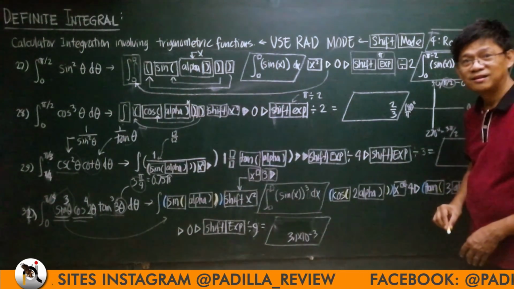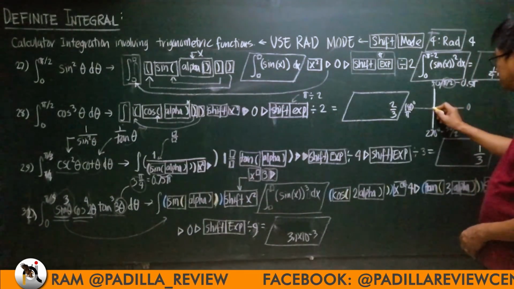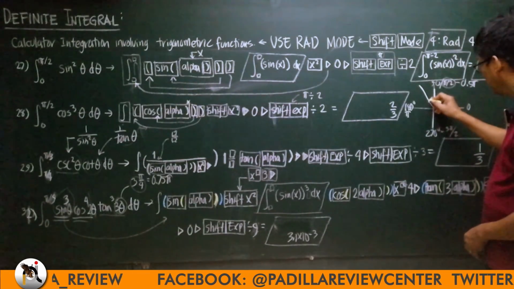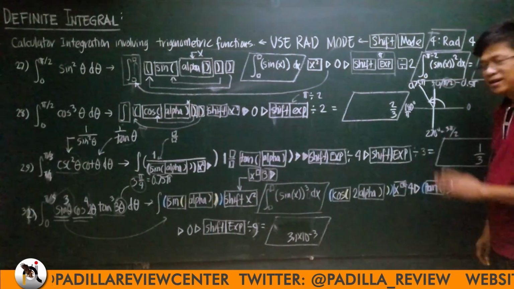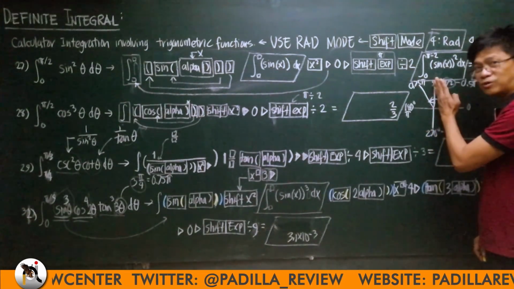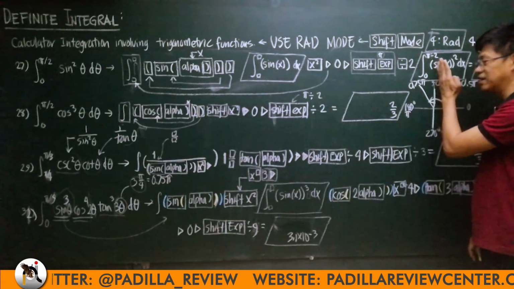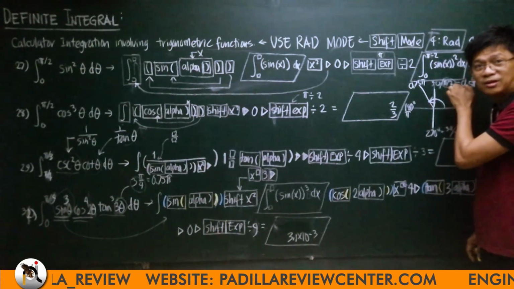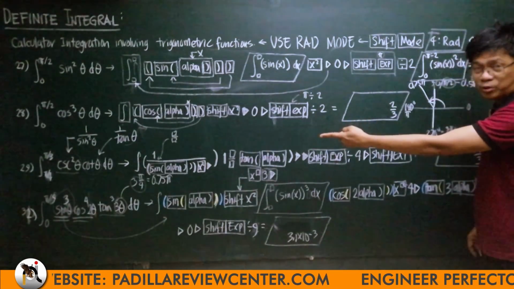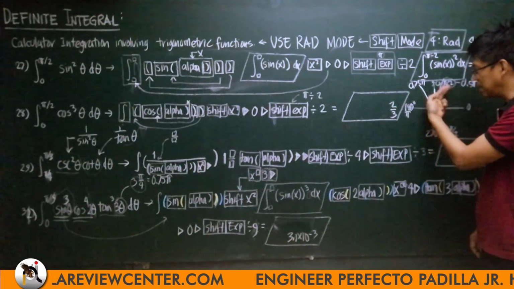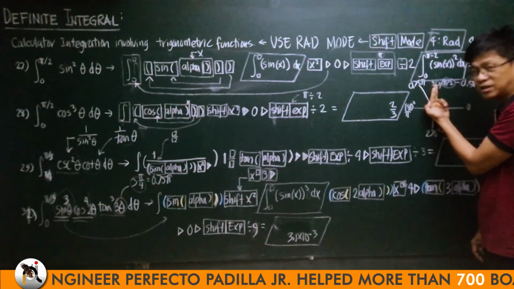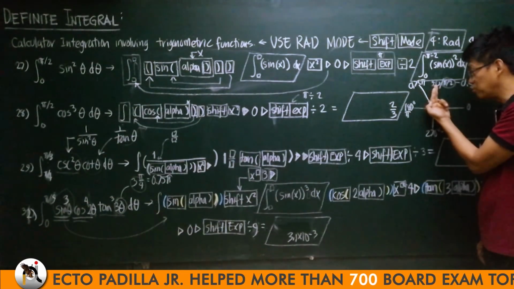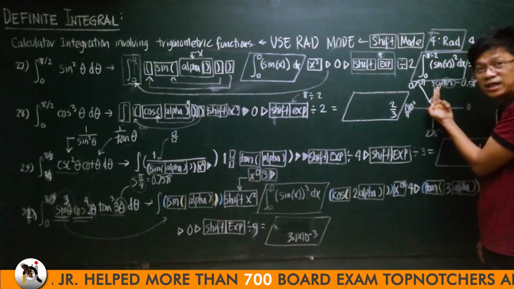Right? So it means from 0 to 0.75 of pi, it passed through the 90 degrees angle, or pi over 2. So, in our computation of the integral from 0 to 0.75 of pi, somewhere in between, you will pass through the 90 degrees angle.